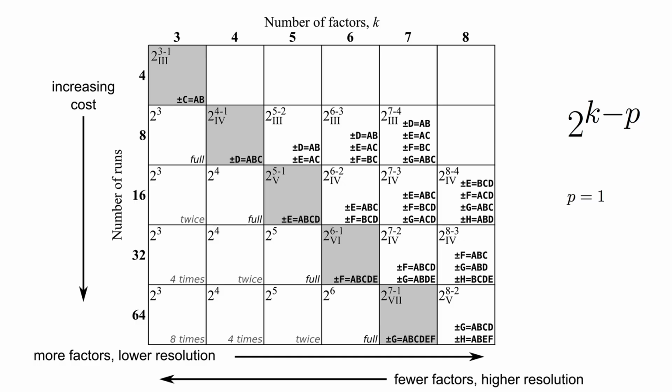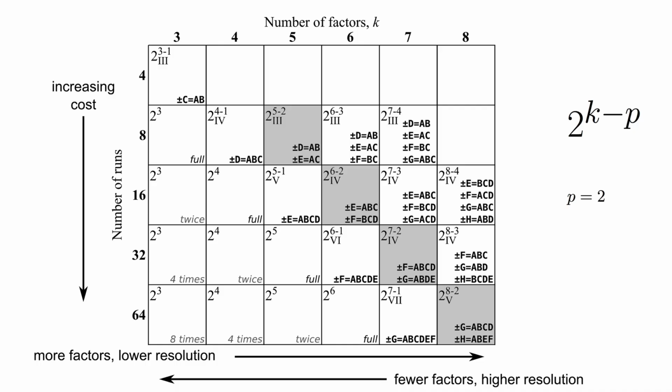For half fractions, p is always equal to 1 because we halve the work, and half fractions always have 1 generator. If you have a quarter fraction, p is equal to 2, and then we have 2 generators. That pattern continues in a logical way. So in our case, we have p equals 2, we're doing 1/4 of the work, and we have 2 generators.